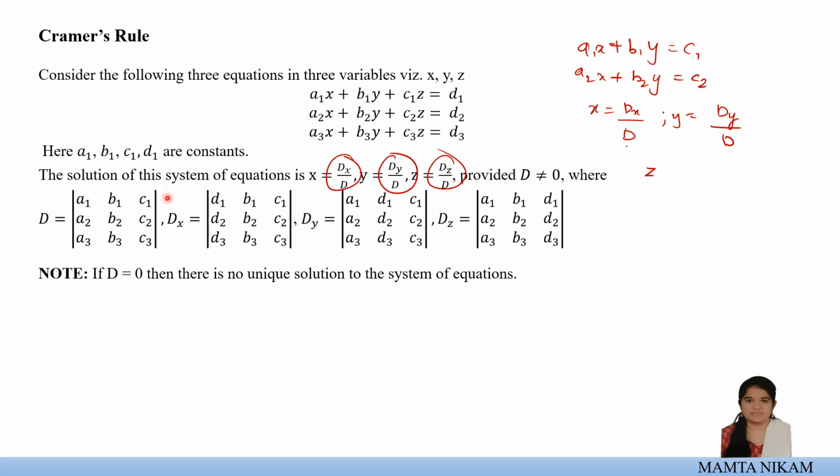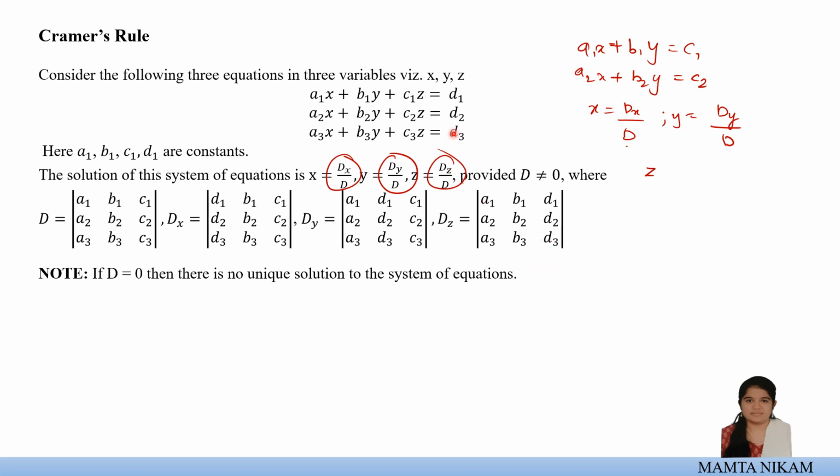What is dx? dx is, neglecting the x coefficients, in place of x क्या आ जाएंगे d1 d2 d3, बाकी दो columns as it is b1 b2 b3 c1 c2 c3, that will be the determinant value for dx. dy क्या होगा? y के टर्म्स को नेगलेक्ट करके उसको रिप्लेस करेंगे d1 d2 d3 से. और dz होगा z के टर्म्स के कोएफिशिएंट्स को रिप्लेस करके d1 d2 d3.